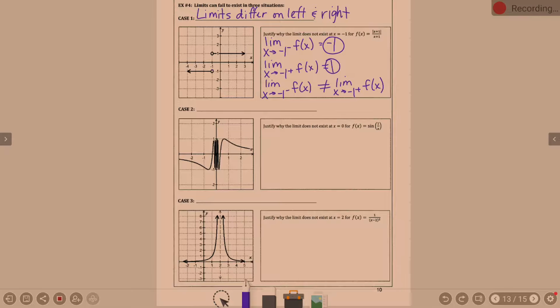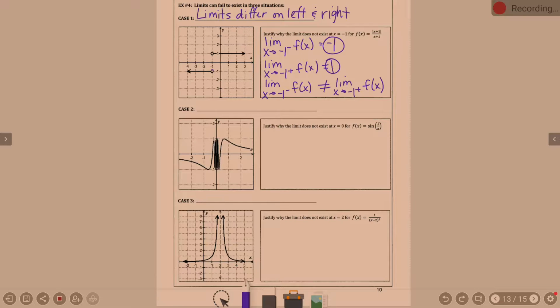We showed the left-hand limit, we showed the right-hand limit, and then we stated that the limits are not equal. So when it comes, way down the road, to the May exam, and you have to support something in an open-ended or free response question, this is the type of thing you'll be looking for. You state the limit on the left, you state the limit on the right, and then you make a statement that they are not the same.